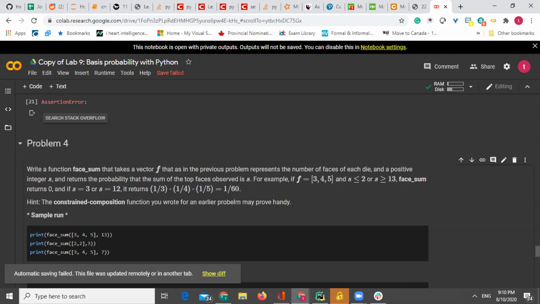Okay, what they are asking you is to take: we roll each die, we get the top face, the number of the top face.